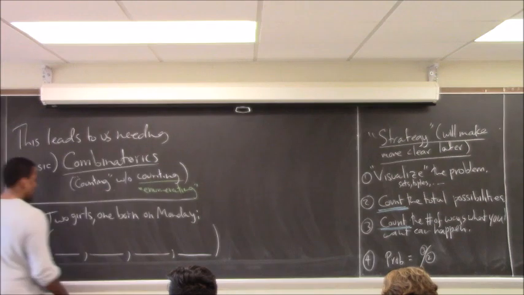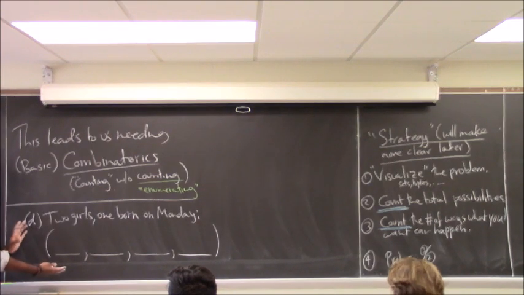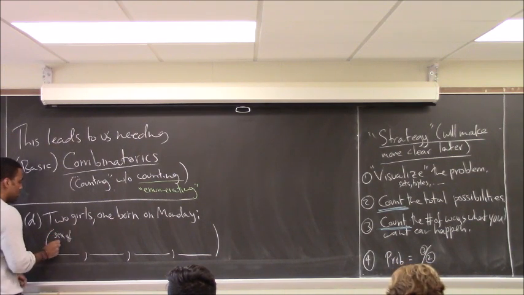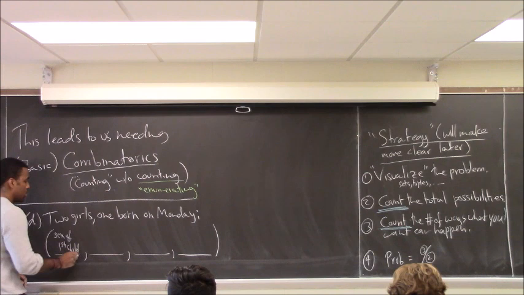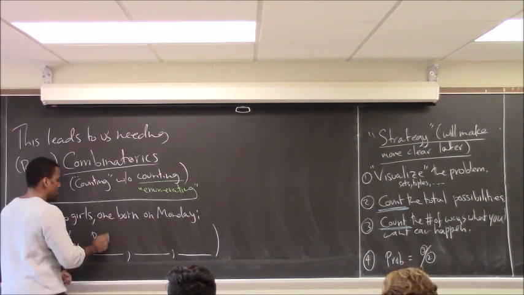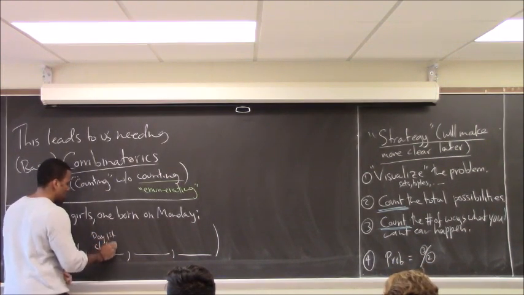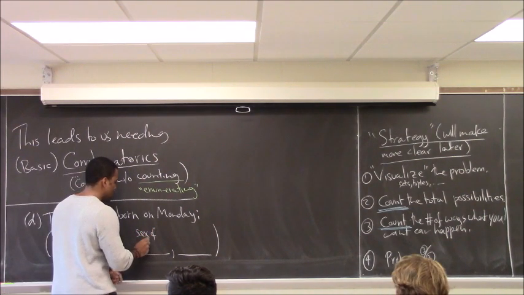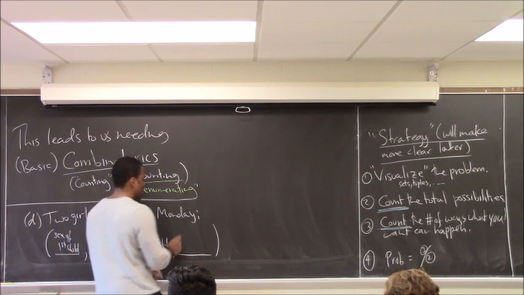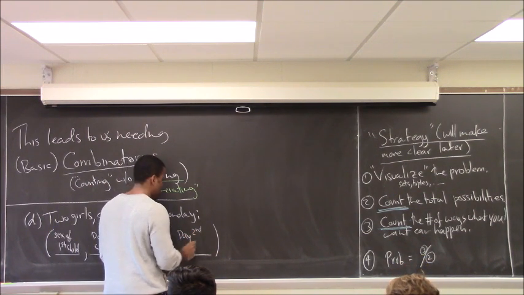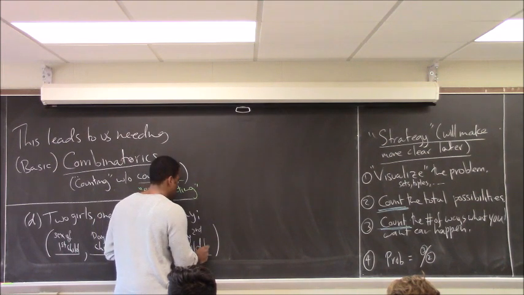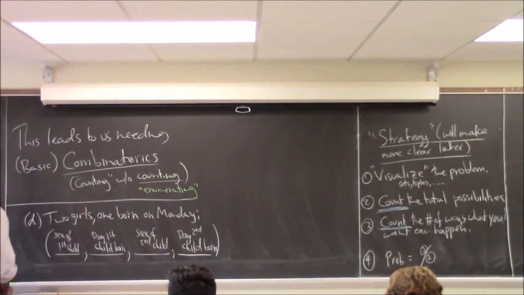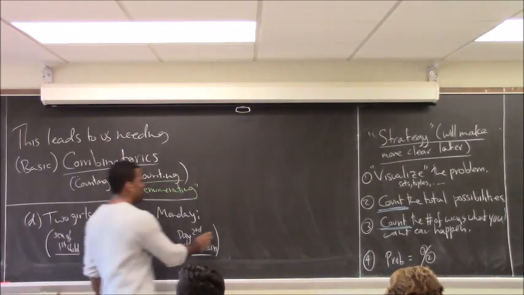But yeah, I could set up a 4 coordinate, where I have something like sex of first child, day first child born, sex of second child, and day second child born.